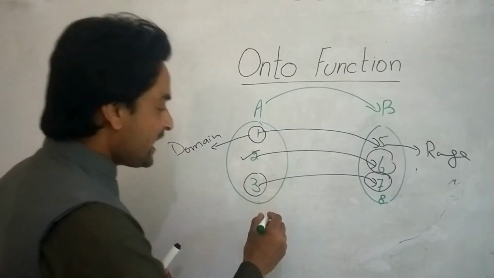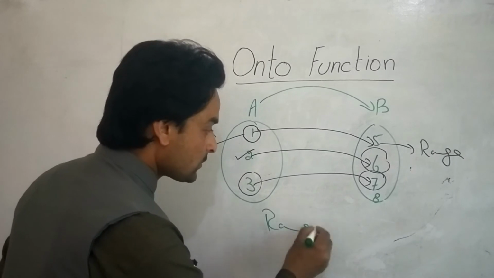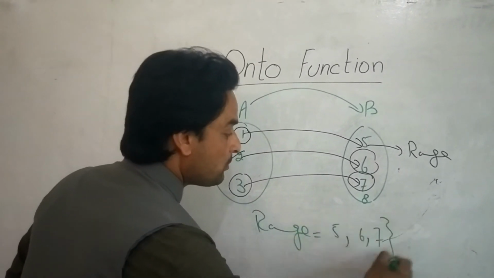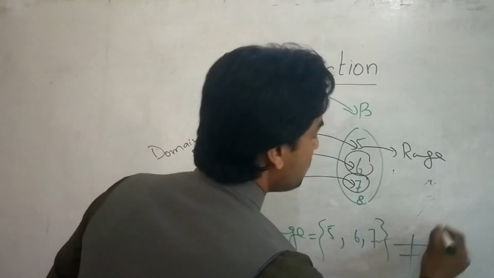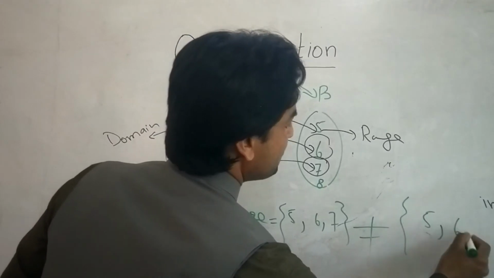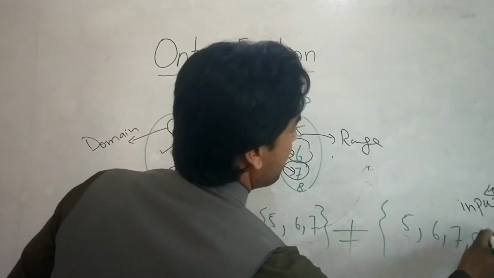So here in the range we have 5, 6 and 7, but this is not equal to the set B. The set B consists of 5, 6, 7 and 8.